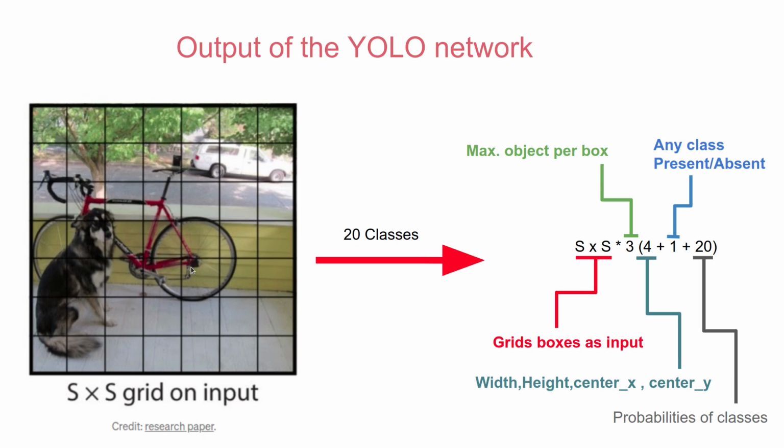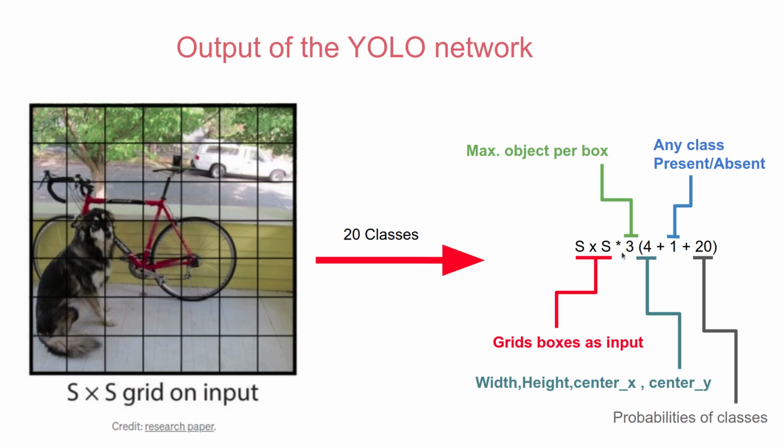Now we don't care about each individual pixel, only about these 49 boxes. That is why in our output of YOLO we have S into S, which is 49 boxes, and each box will give this output.